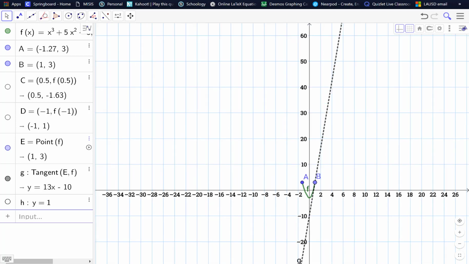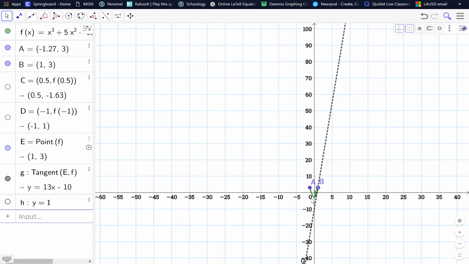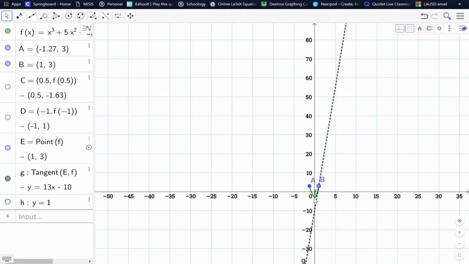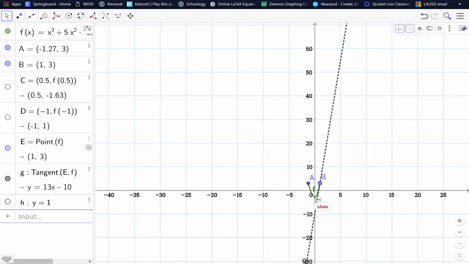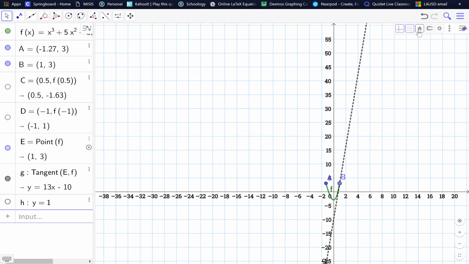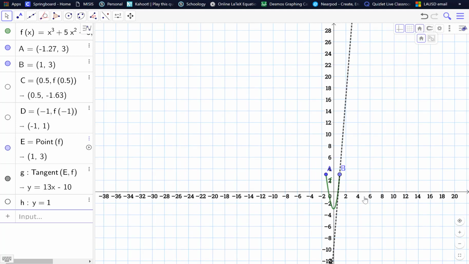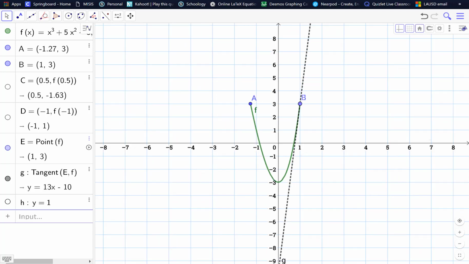Oh wow, it really took off. That's alright. You can very clearly see that at this point right here, the derivative has to be 0.